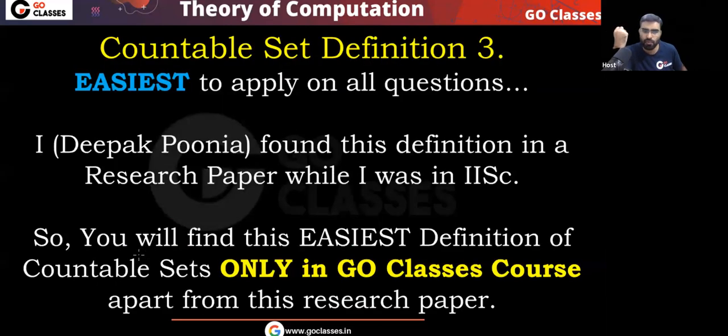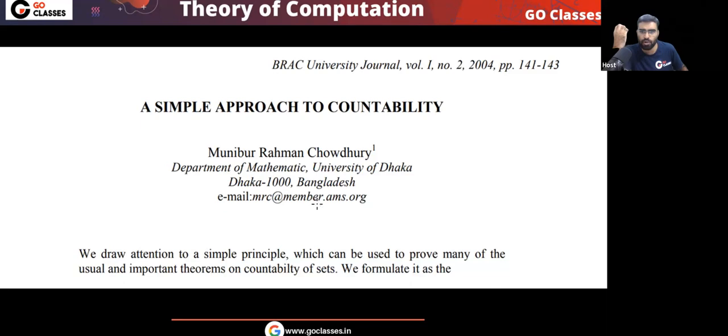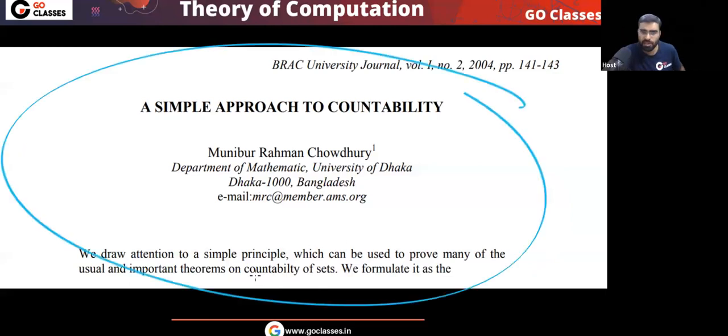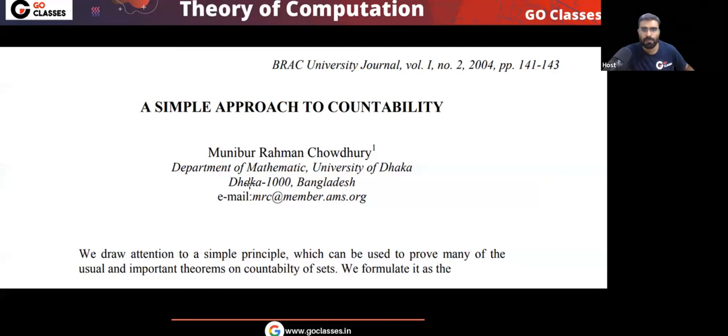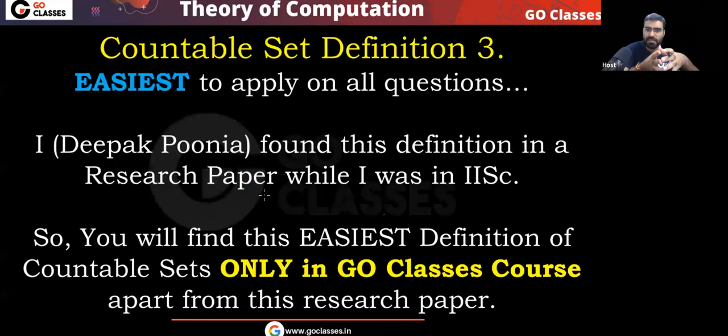You will find this definition only in the GO Classes lectures other than this research paper. On the internet also you will not find it. If you want to find this definition, you have to download this research paper. So if you are a GO Classes student, then this is something you are learning that is exclusive.